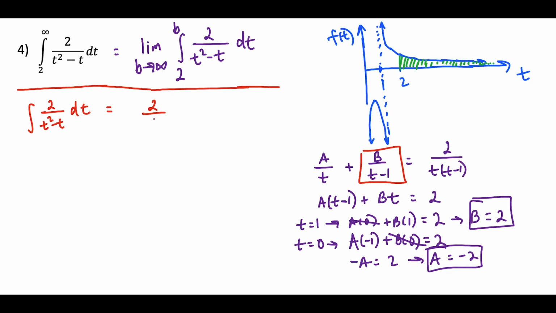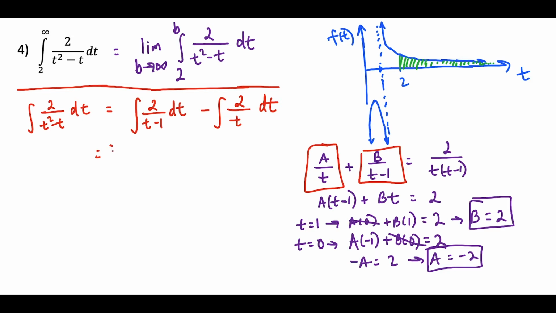So we're going to have 2 over t minus 1. So we're doing the integral of this fraction. And now a is equal to minus 2. So we'll write minus, and we have 2 over t dt. So we're just replacing this expression here with these two separate fractions because these are actually something that we could take the antiderivative of.